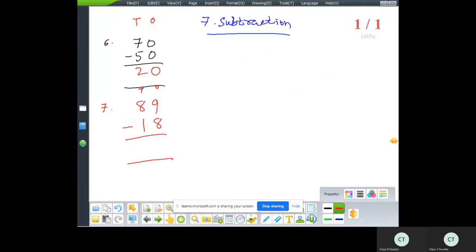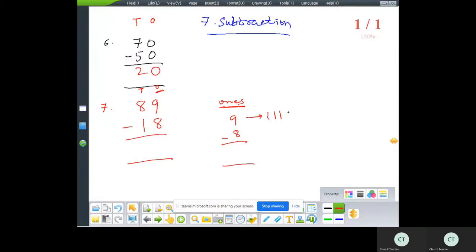Now subtracting on ones. The digits in the ones place are 9 and 8. 9 minus 8 means 8 is subtracted from 9.